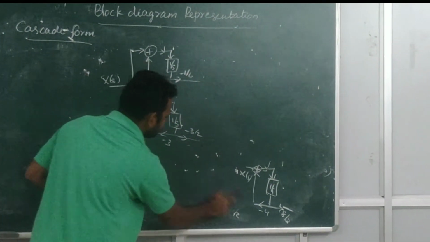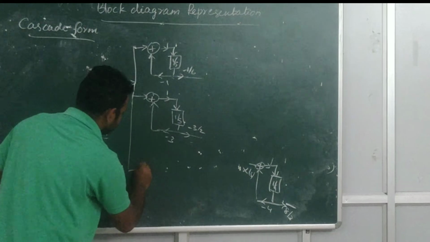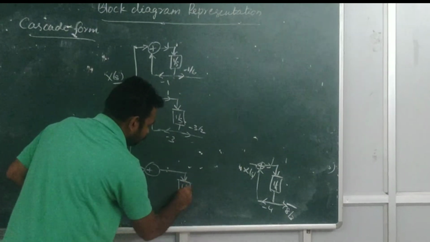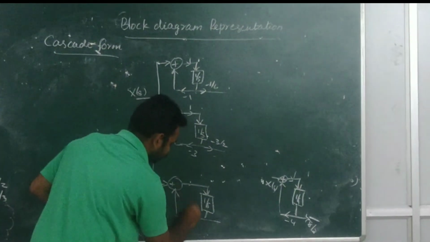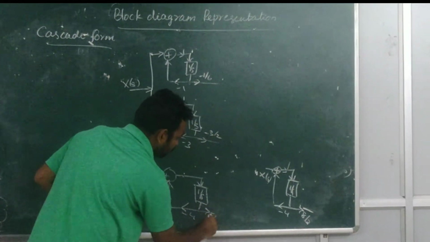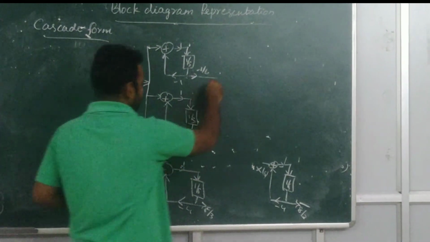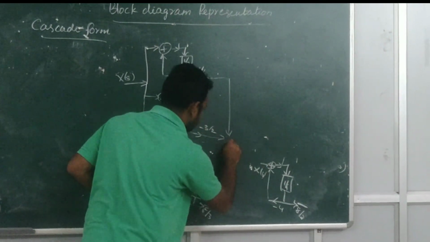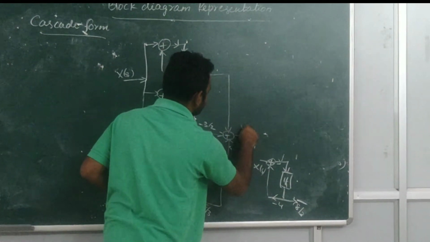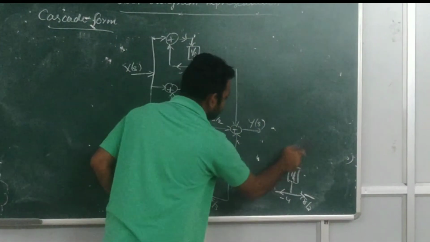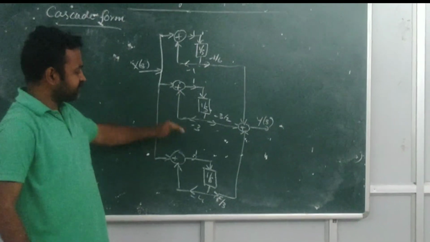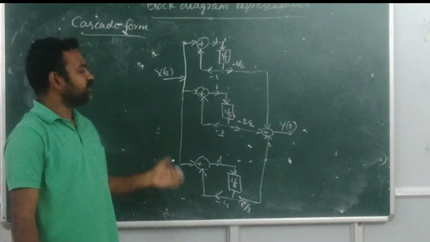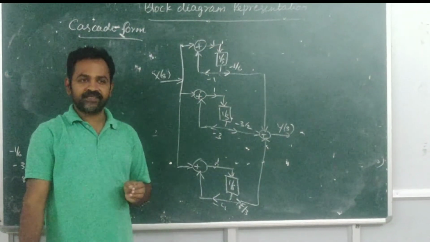Then the third one, 8 by 3. So we are combining all these three. So overall, H1 of s, H2 of s, H3 of s, all this together we are getting H of s. So this is about the direct form, parallel form realization. Thank you.